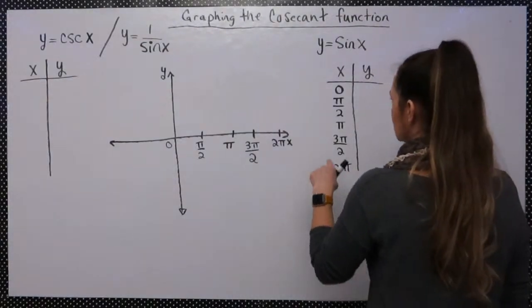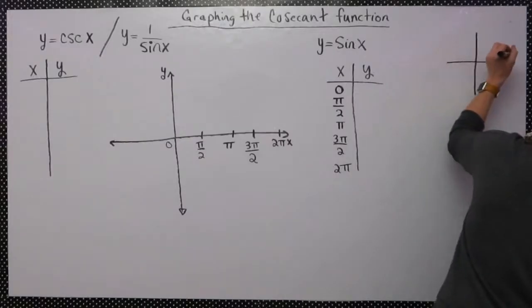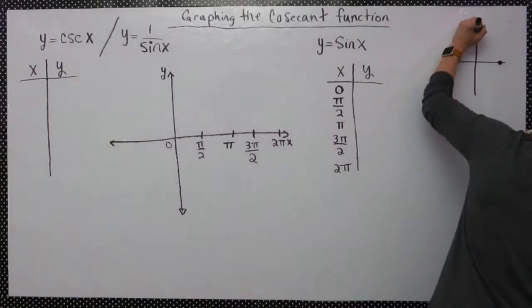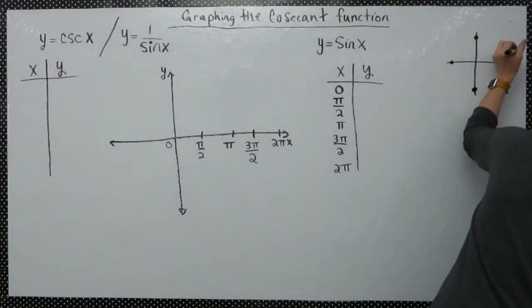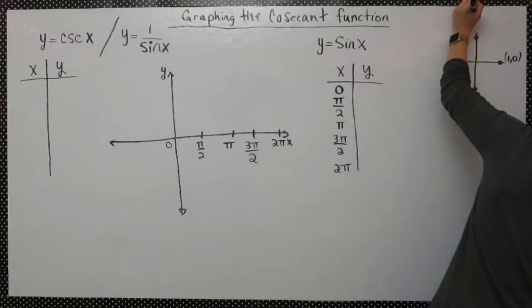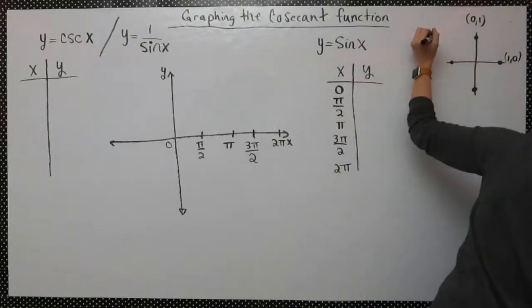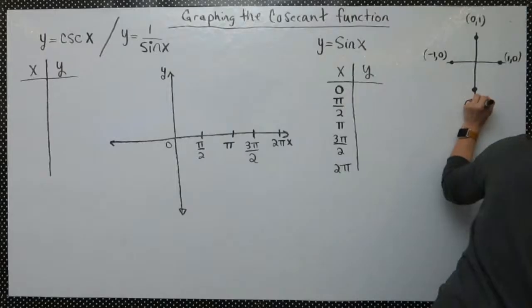And recall the sine function at 0. Go ahead and draw my 4 corners at least. We've got 1 comma 0, 0 comma 1, negative 1 comma 0, and 0 comma negative 1.